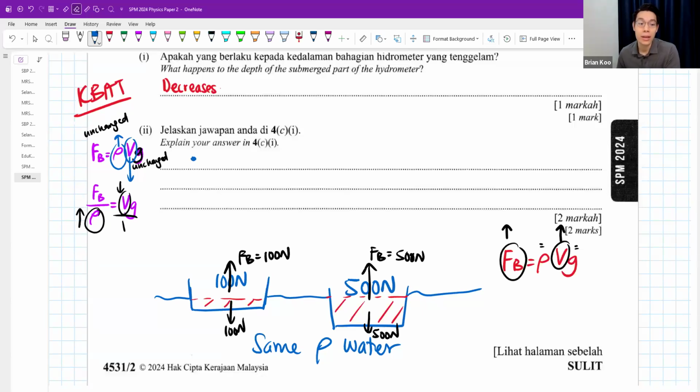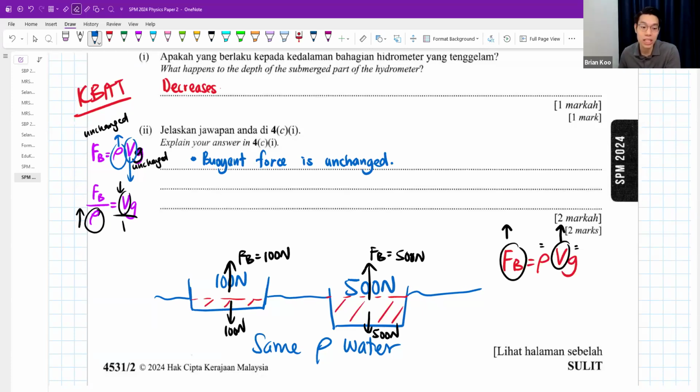You tell them, first point, buoyant force is unchanged. Yeah, I am explaining using this formula.